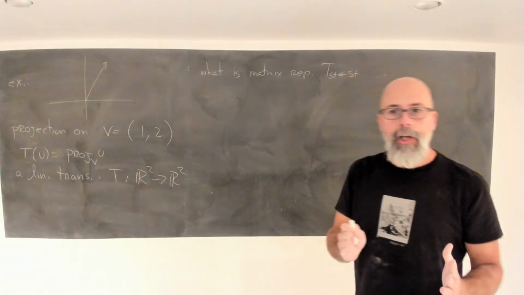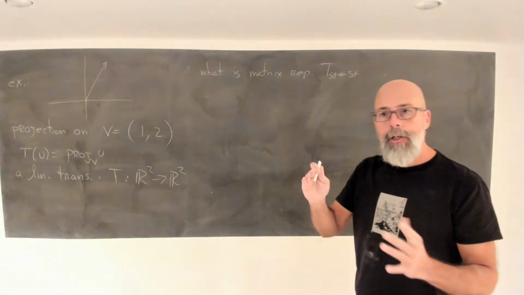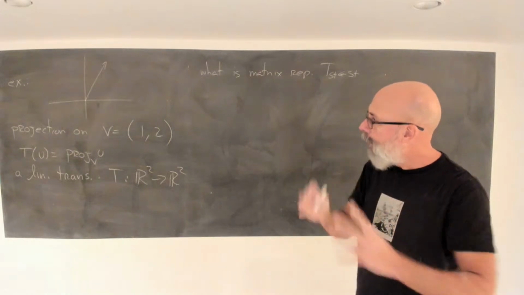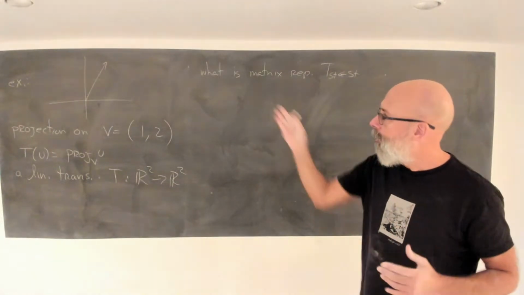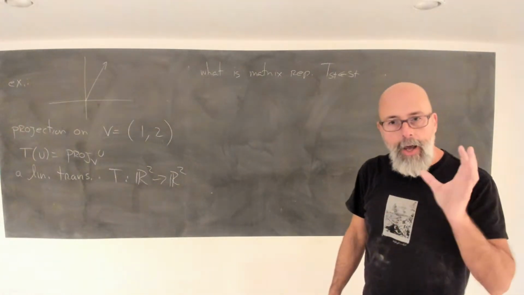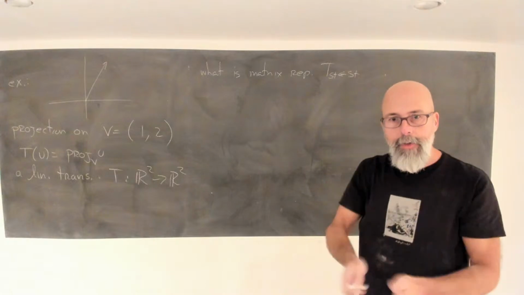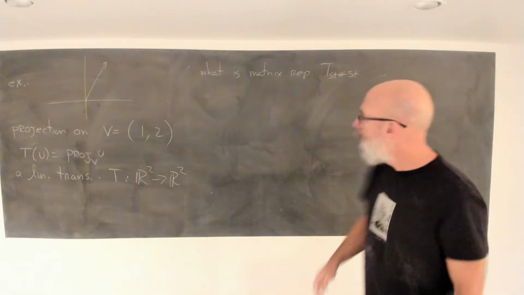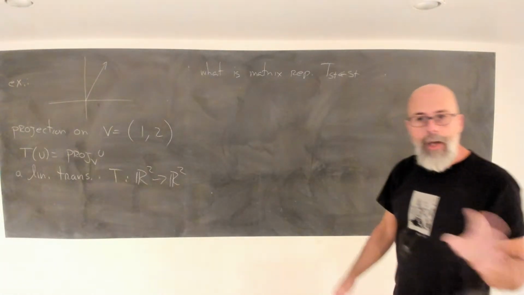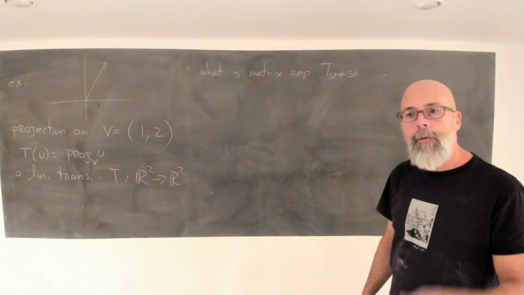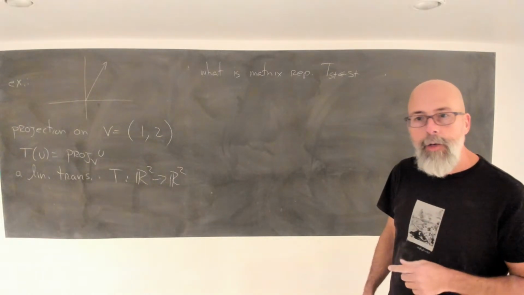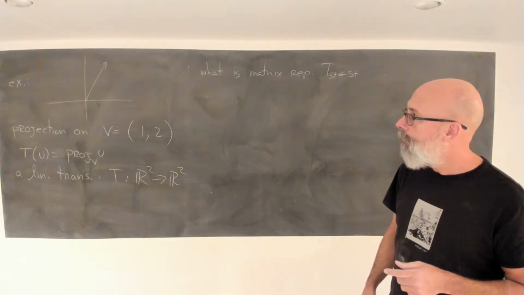Well, you can work out how 1, 0 is projected onto V, how 0, 1 is projected onto V, and then you could put them as columns, and that would be that, and it's all good. But we can do it without doing any work, almost.